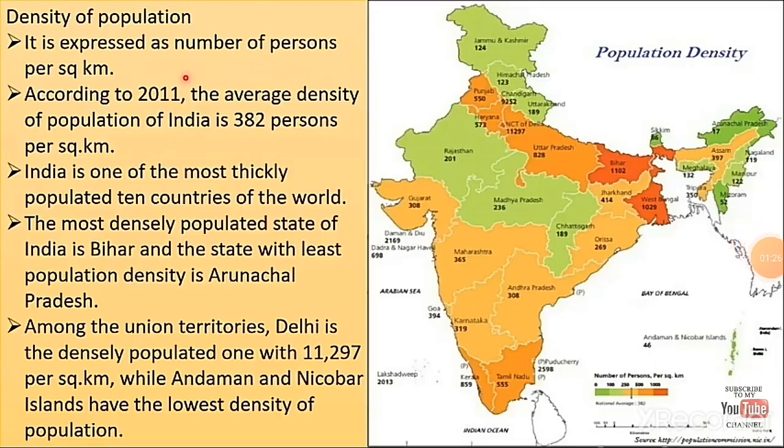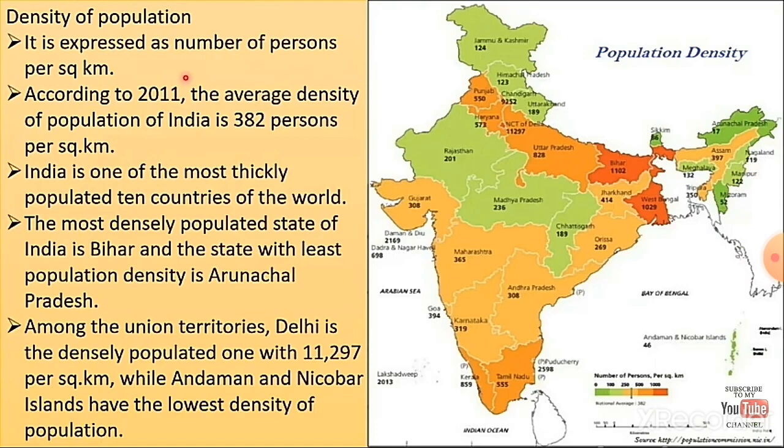Next, density of population. It is expressed as number of persons per square kilometer. So density of population means if the population is high in an area, that is called a most densely populated area.